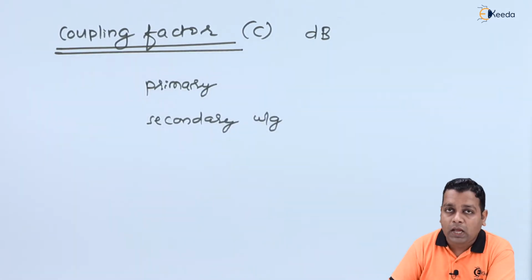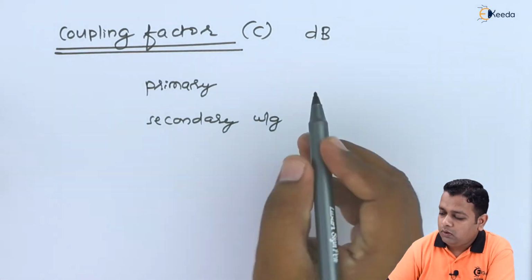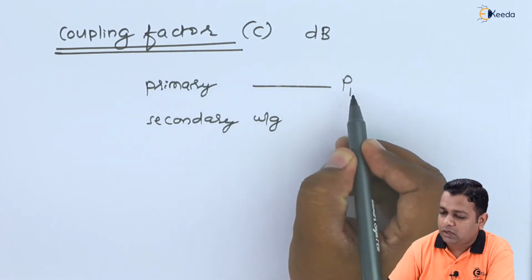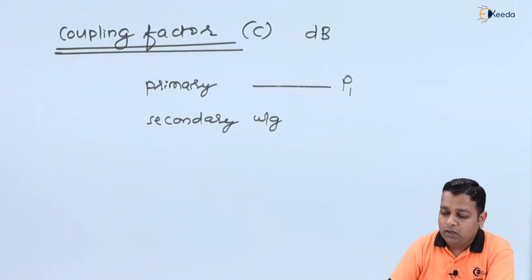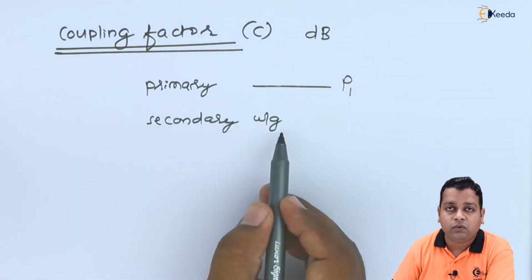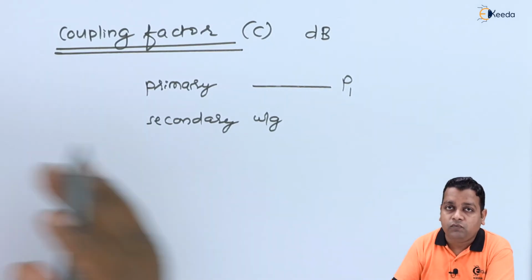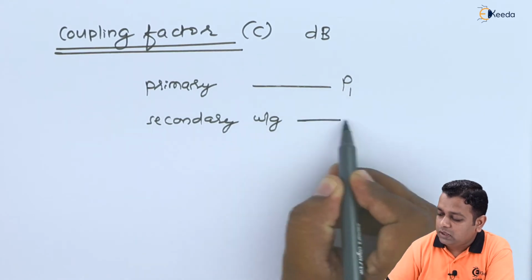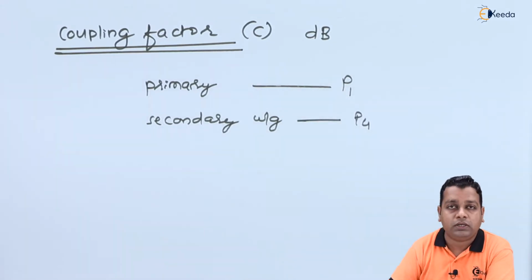So for the primary waveguide, we have the input provided to port number 1. Let us say the associated power is represented by P1. Whereas in the secondary waveguide at port number 4, we have the coupled power portion, which can be represented by P4.